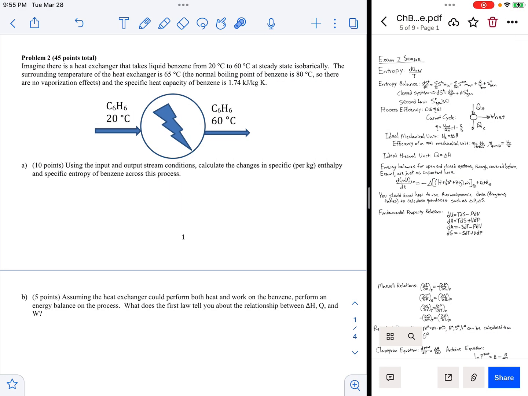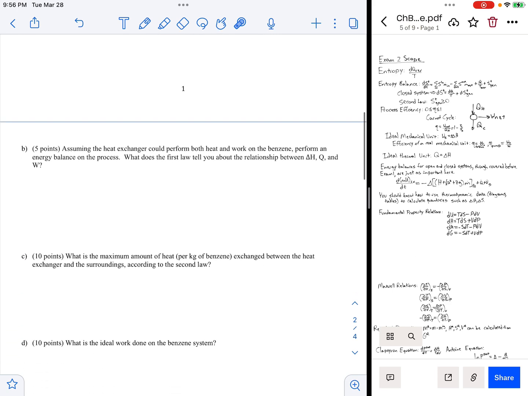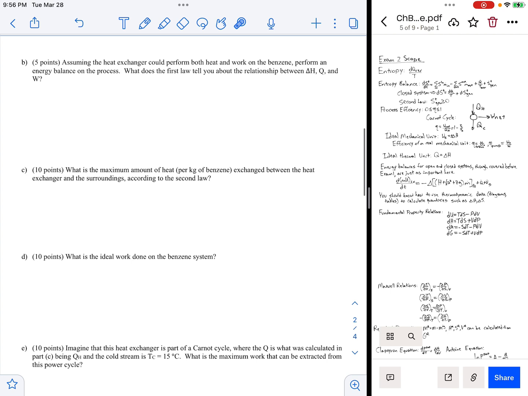I don't know why I'm pretending I have not read the rest of the problem. Okay, so part A is about looking at an enthalpy change. By the way, the students would also have an equation sheet that would probably tabulate how to calculate an equation for delta S and delta H.